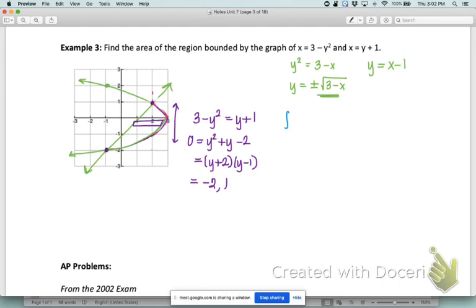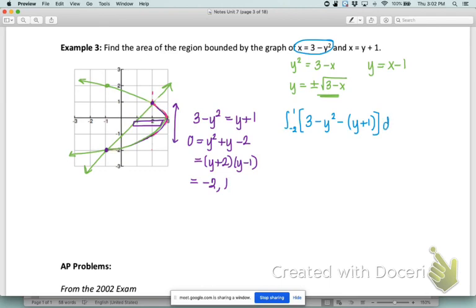Our integral then is going to go from -2 to +1. And the rightmost curve is the parabola. Again, that's this sideways parabola in terms of y. So this is 3 minus y squared minus the line, which is y plus 1.